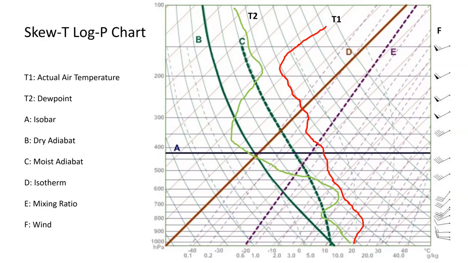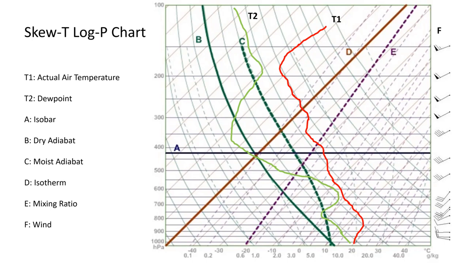So we have here two lines, B and C. You can see B and C have different rates associated with them.